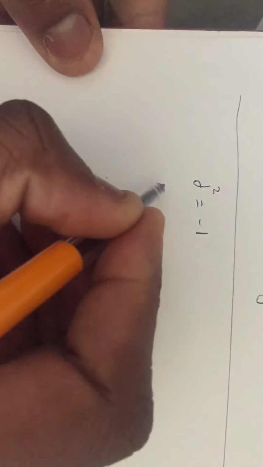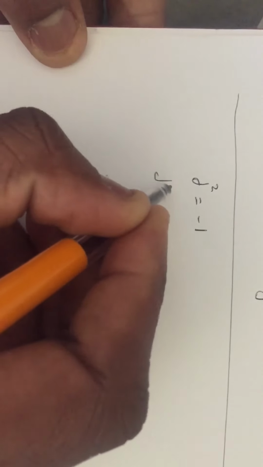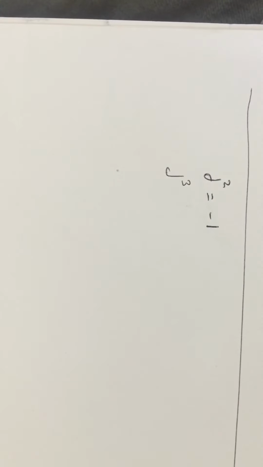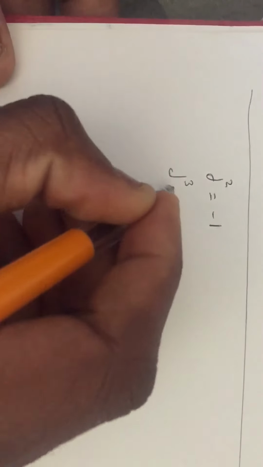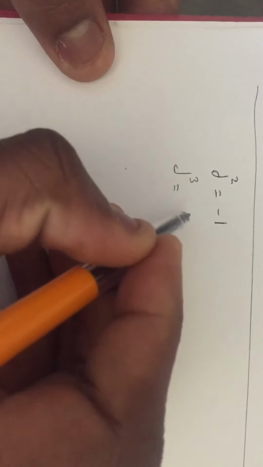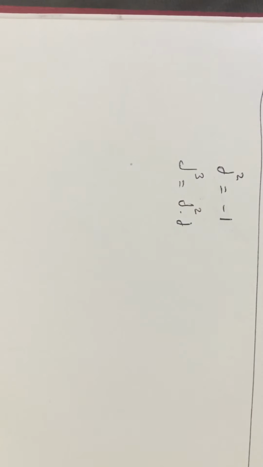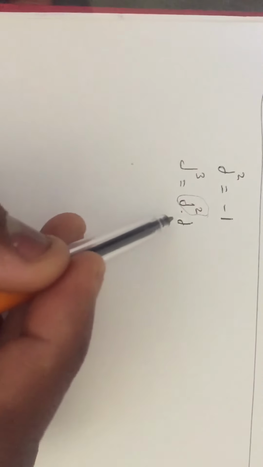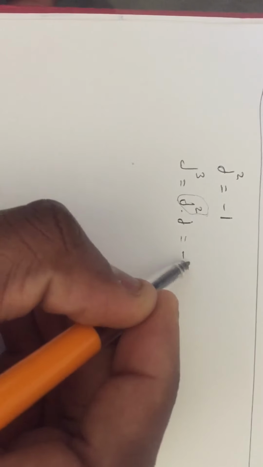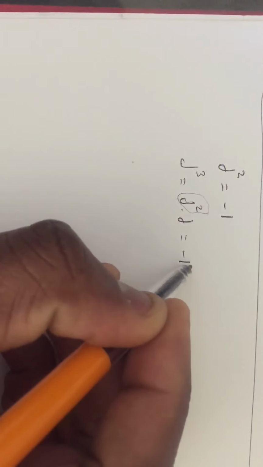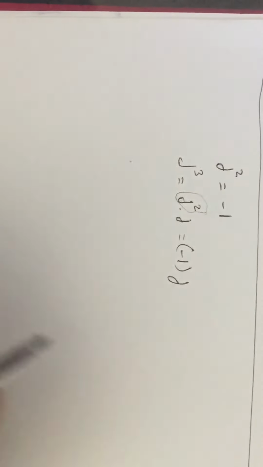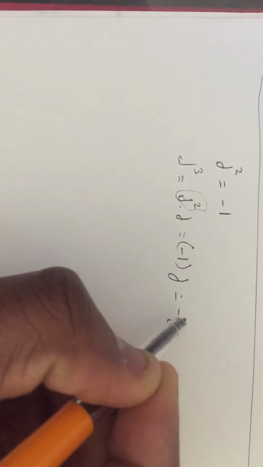Now what is j to the power 3? J to the power 3 is the same as j to the power 2 times j. And what do you know about this? This is exactly minus 1, multiplied by j, which is minus j.